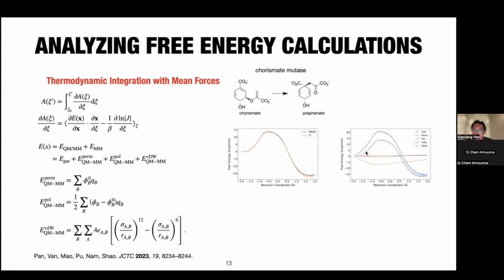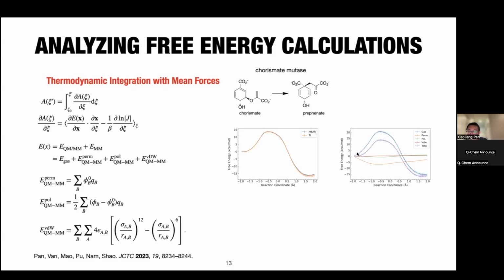That gave us confidence that we're doing the right thing here. Then the benefit is now we can do this TI, or thermodynamic integration, using only the components of the atom terms. So then we can just show the free energy profile of each of the components.